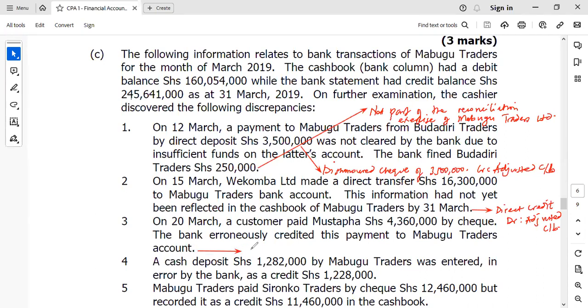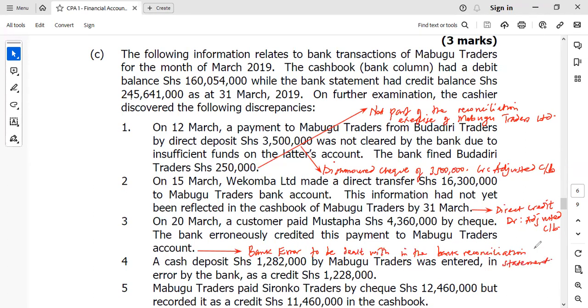So this is a bank error to be dealt with in the bank reconciliation statement.